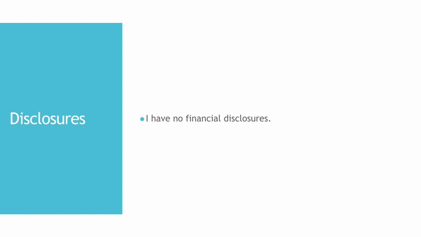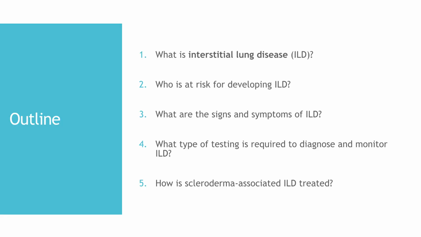So for the next 40-45 minutes or so, what we'll talk about is what is interstitial lung disease, and which populations are at risk for developing it. I really want to dive into some of the signs and symptoms that your doctor might notice on exam, or you might notice as you're living your daily lives, that can heighten your suspicion for a potential diagnosis.